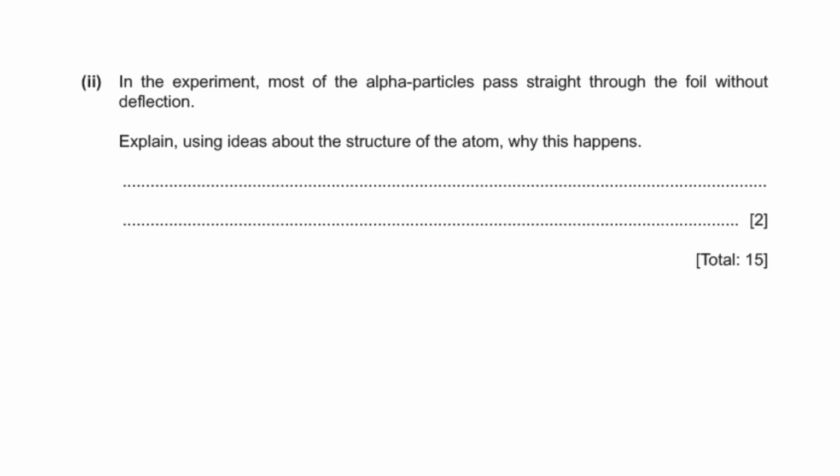Then in the experiment, most of the alpha particles pass straight through the foil without deflection. Explain using ideas about the structure of the atom why this happens.